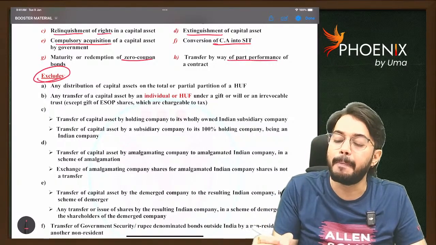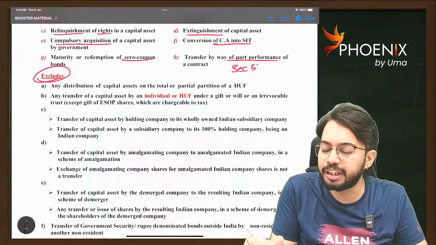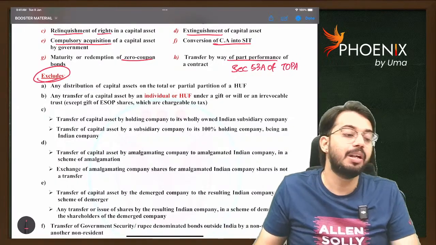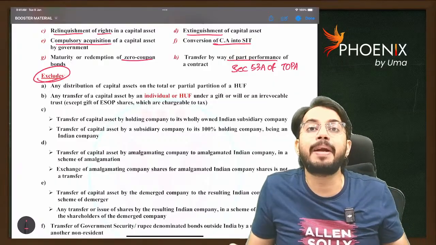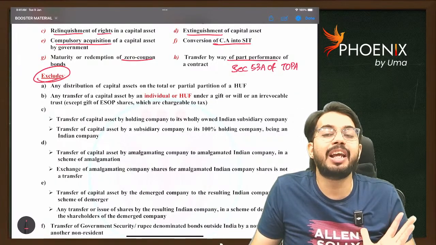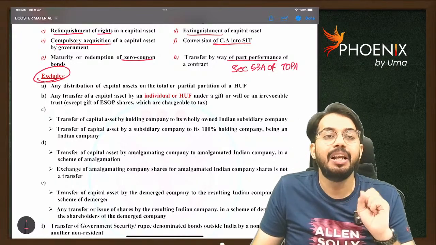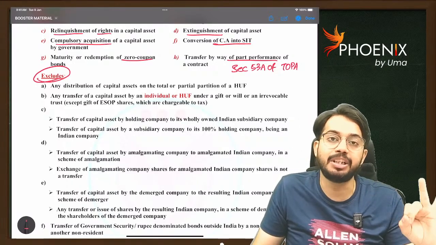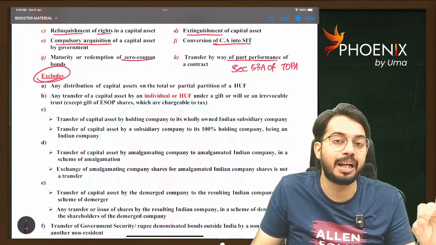Transfer by way of part performance of contract. Section 53A of Transfer of Property Act. Yesterday in house property lecture, I discussed with you the deemed ownership concept. In that case, I told this case as well. There should be agreement between seller and buyer. Buyer has paid the consideration or buyer is ready to pay the consideration.